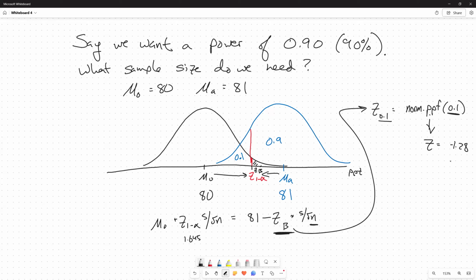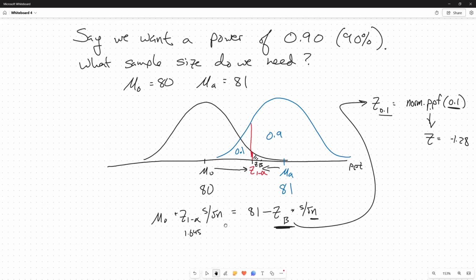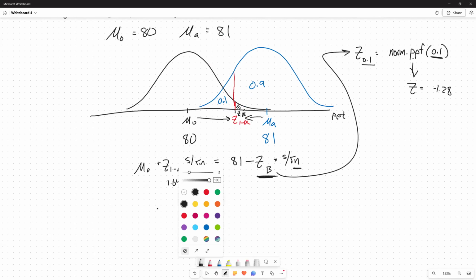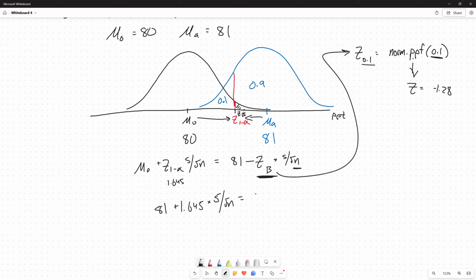All right. So we'll plug all these numbers in. So we get 80 plus 1.645 times 5 over square root of n is equal to 81 minus negative 1.28 times 5 over square root of n. Solve for n.